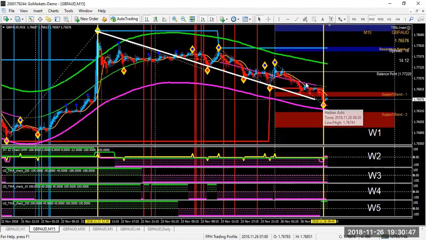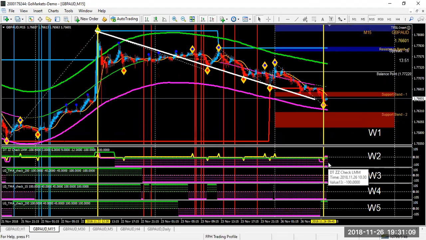Maybe the half an hour and 1 hour, but definitely the 4 hour hasn't got it yet, because where there's a diamond, the 4 hour hasn't stopped. If the 4 hour had its low, we would get something like this, saying it's reached a high. So the 4 hour hasn't hit a low yet.